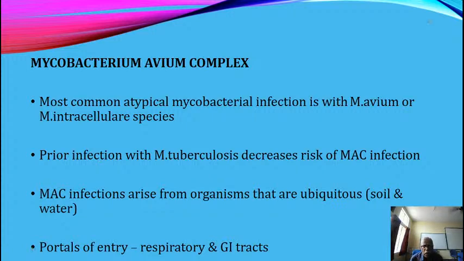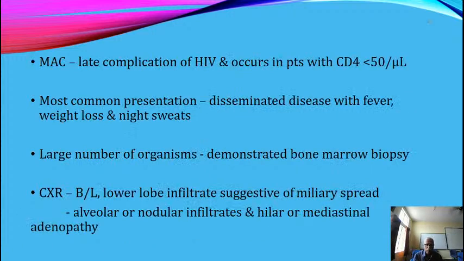Complex means we have multiple organisms. One is Mycobacterium avium, another is intracellulare. These two organisms are present throughout the globe, and they produce symptoms similar to TB, and the portal of entry is the respiratory and GI tract.